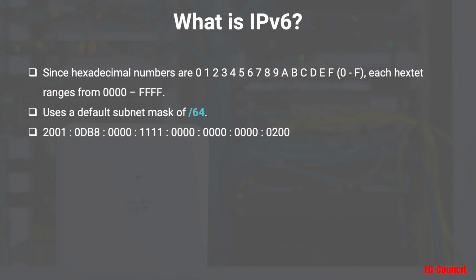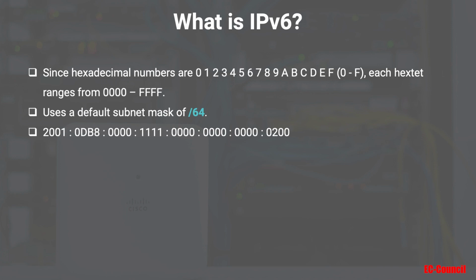So to get a better understanding of IPv6, let's take a look at this address. This address is a global unicast address. So let's break this down a bit further. Well, so far, we know the default subnet mask is /64. Which means this portion of the address is known as the global routing prefix, while the right side is known as the interface ID or the interface identifier.